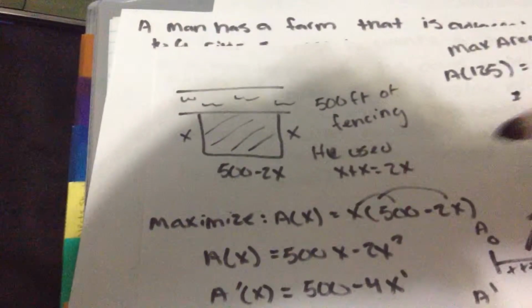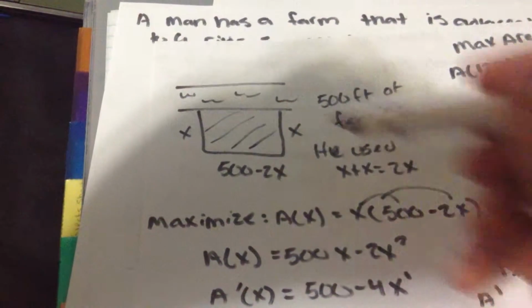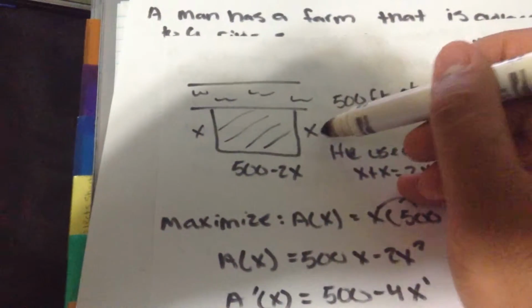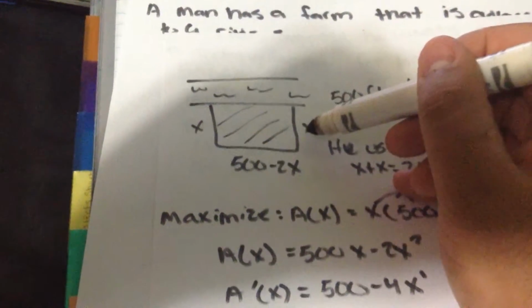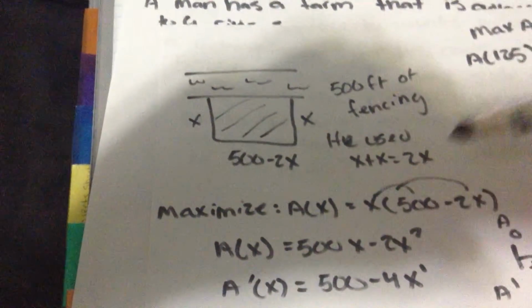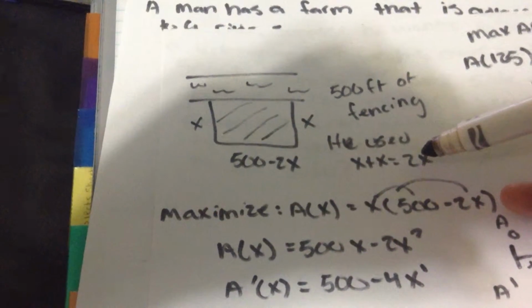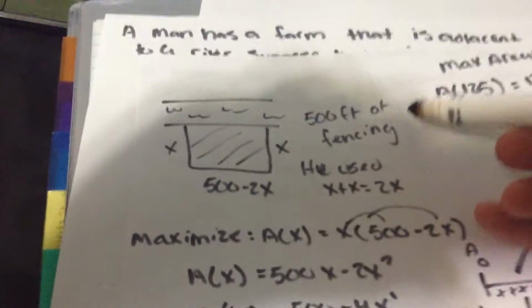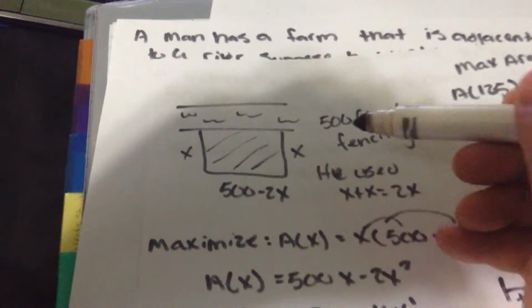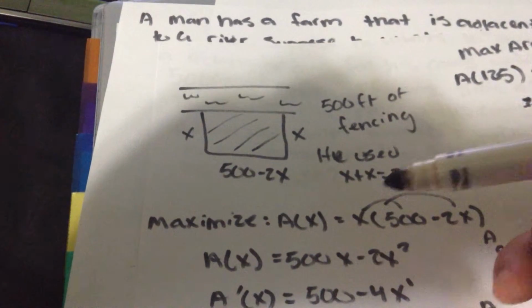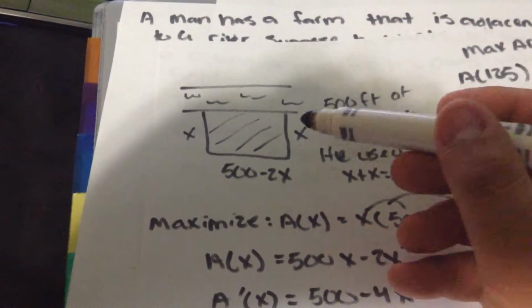So you use x feet of fencing here, and since it's a rectangle, this will have to be x as well. And so he already used 1x plus 1x, which is 2x, of the 500 feet of fencing. So the remaining should be 500 minus 2x.